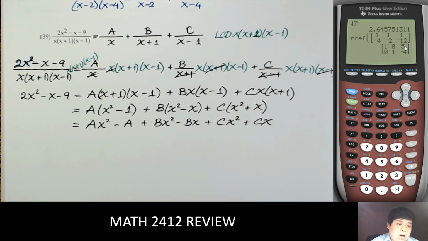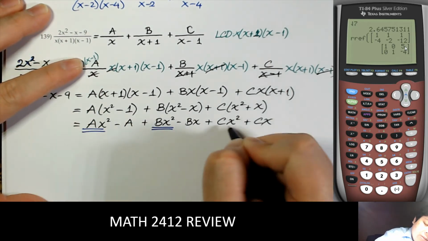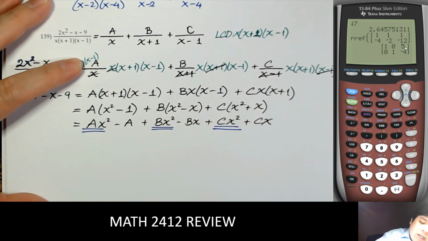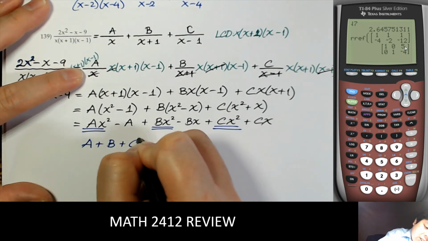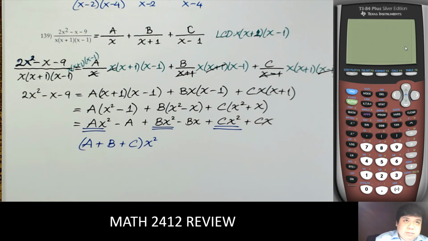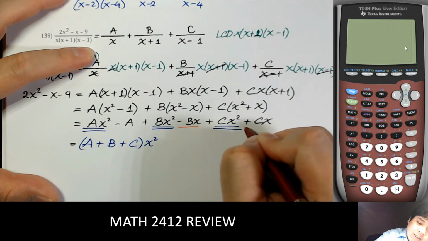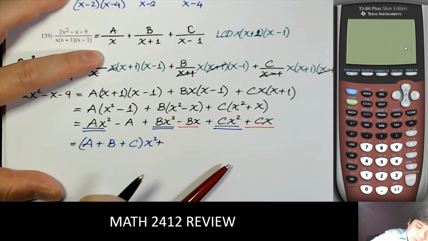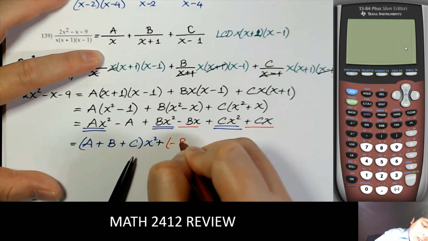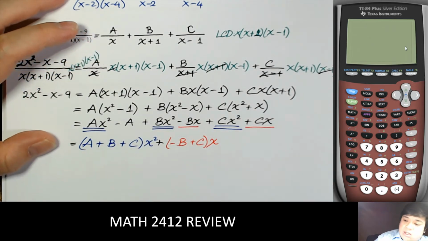Right. Combine like terms. For x squared, we have those three things, so a plus b plus c times x squared. Next, x: minus b plus c times x, and that's the only thing left.